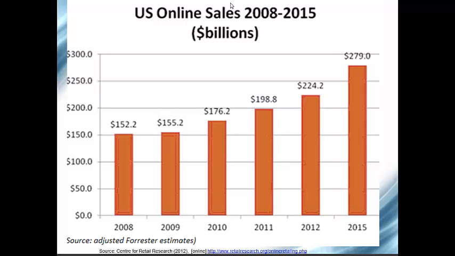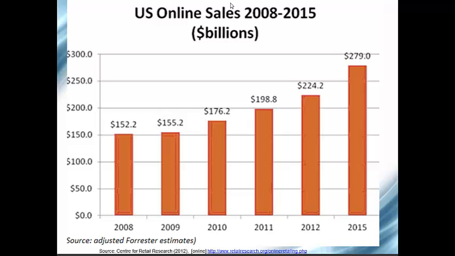With regards to US online sales, as you can see on this slide, there was a very small dip in the actual sales when the economy was really bad during the global recession of 2008-2009. But since then, it's really starting to rise again.